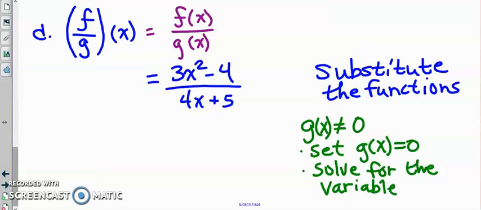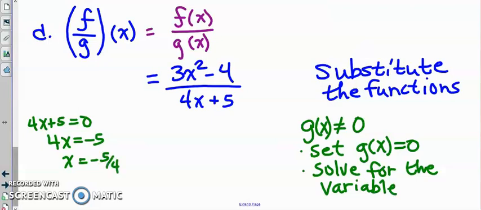So what we're going to do, I'm going to do it over here on the left side. We're going to do 4x plus 5 equals 0. We solve it out. We subtracted 5 from both sides. Now we're dividing both sides by 4.